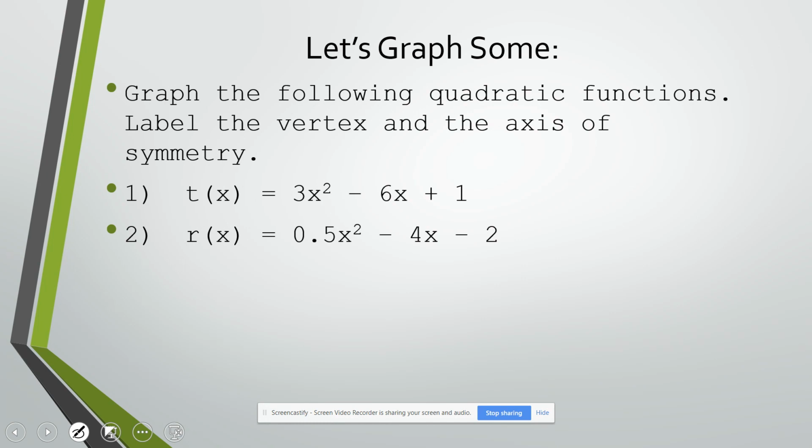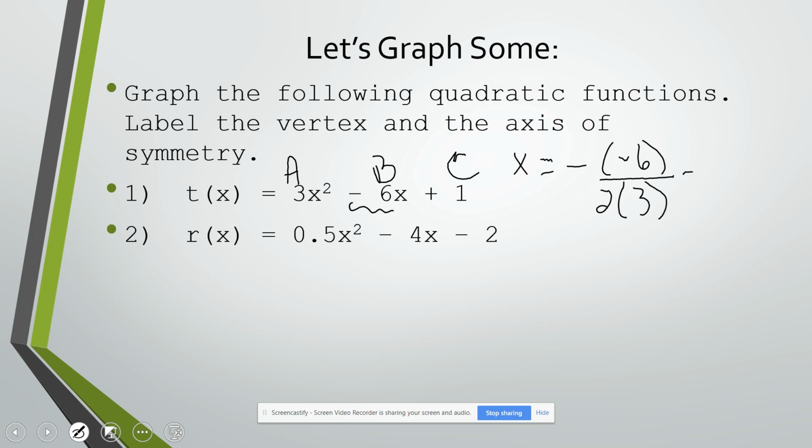All right, example 1. We have a, b, c. Standard form equation. So we start with x equals negative. That negative is part of the formula. And then our b is a -6 over 2 times a, which is 3.